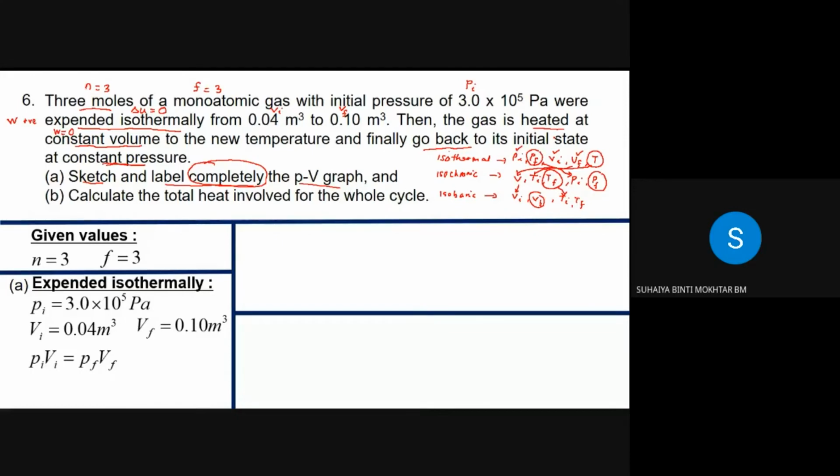So you can determine P final here. Let me set the notes here.